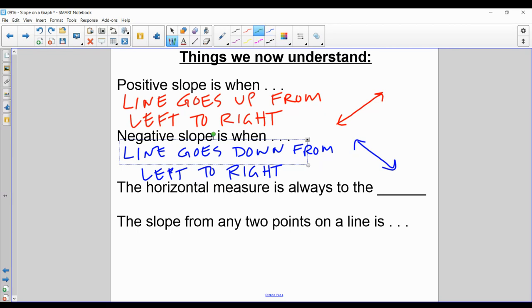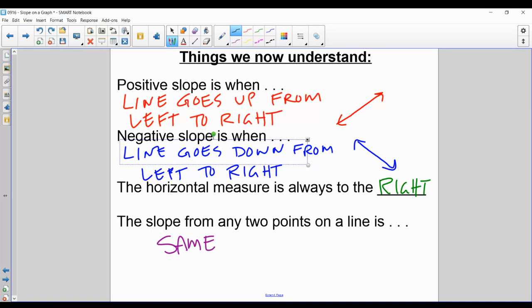Horizontal measure is always to the right. I can look at any 2 points on the line, and the slope from any 2 points on a line is the same.